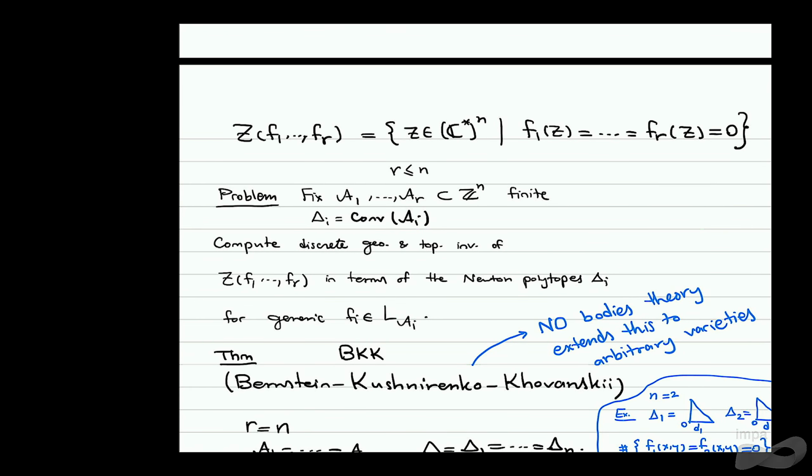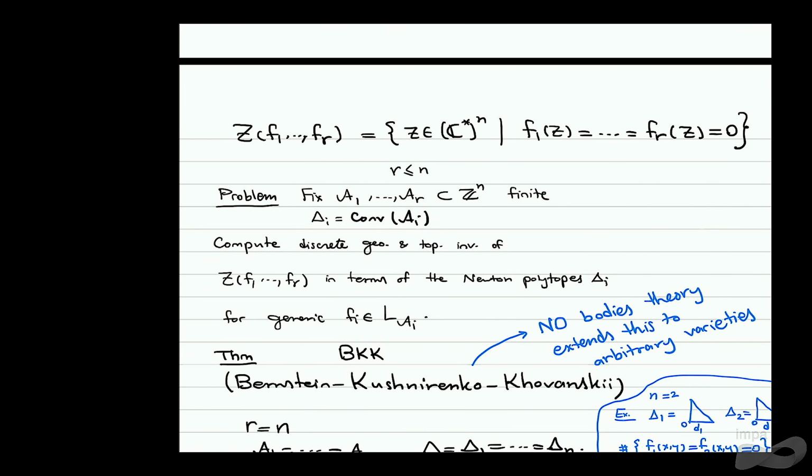Kushnirenko found this theorem in the case that all the equations have the same Newton polytope. Bernstein and Khovanskii extended it to arbitrary systems, not with the same Newton polytope. So the number of solutions is n factorial times the volume of the Newton polytope when they have the same Newton polytope.